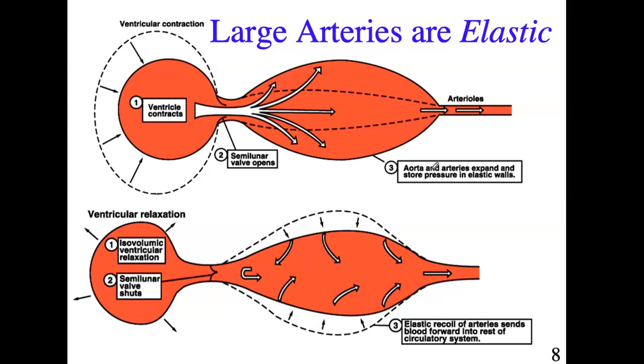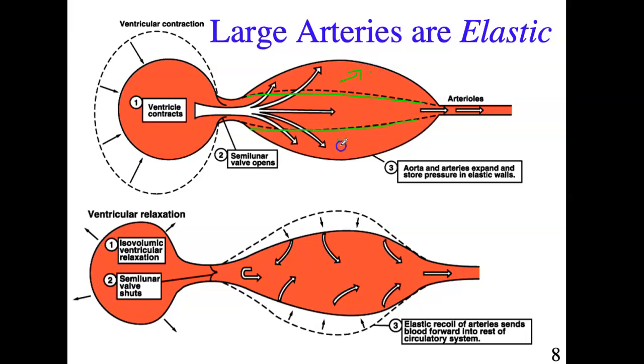If it's not rigid, it's going to actually stretch. So this diagram is showing a ventricle that used to be this big is now going to contract. It's going to have pressure pushing out into it, and this vessel that used to be this wide has now expanded.